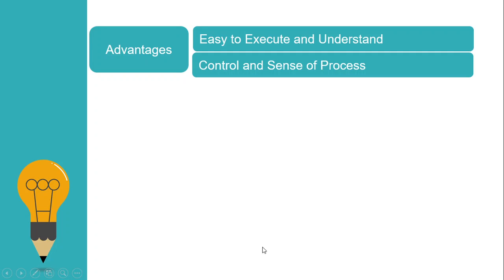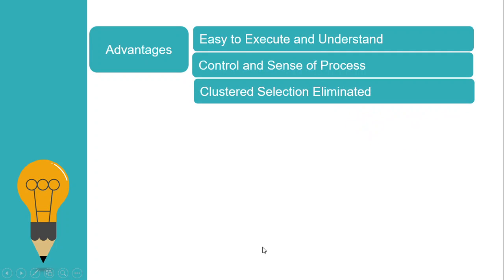This may be particularly beneficial for studies with strict parameters or a narrowly formed hypothesis, assuming the sampling is reasonably constructed to fit certain parameters. So that's why we are using this type of sampling technique. Cluster selection eliminated.